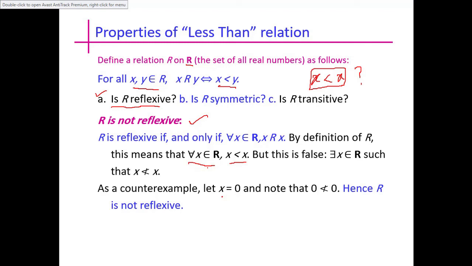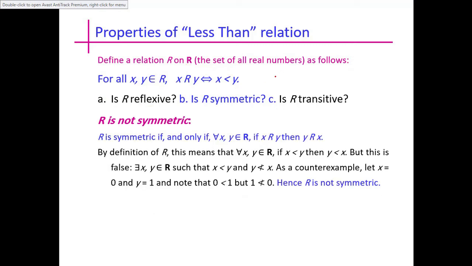So let's take an example x equal to 0, and here we see that 0 is not less than 0. When we have to show that this is not true, then we produce a counter example to negate the statement. That's how we can check reflexiveness in this relation of real numbers.